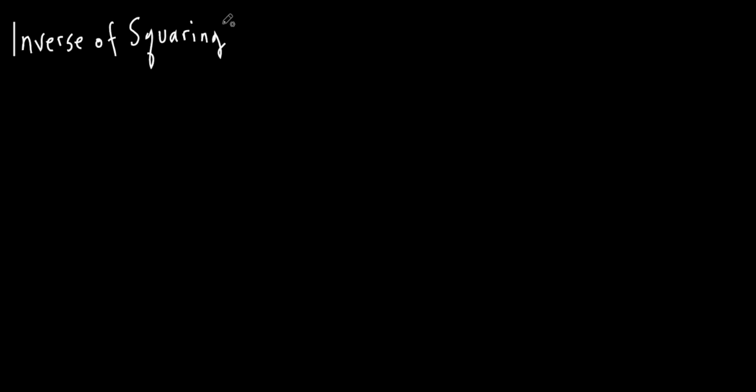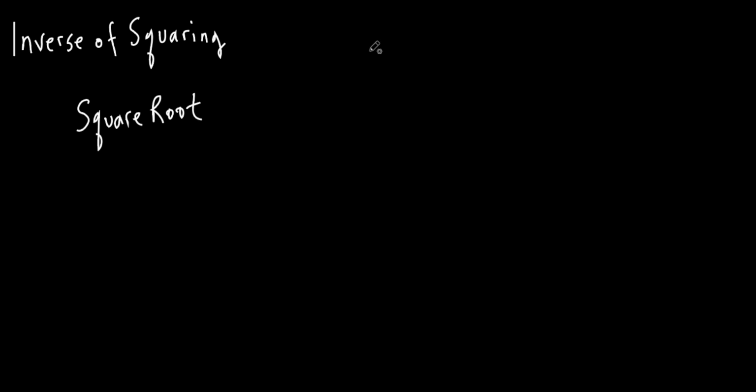Any ideas? So if I said, what's the opposite of squaring something? What would that be? Square root, that's right. The inverse of squaring is taking the square root of something.